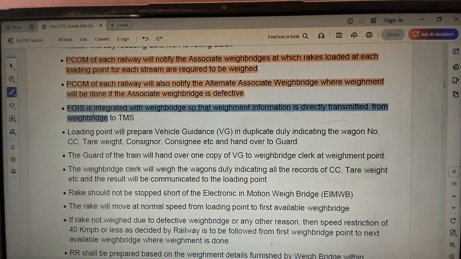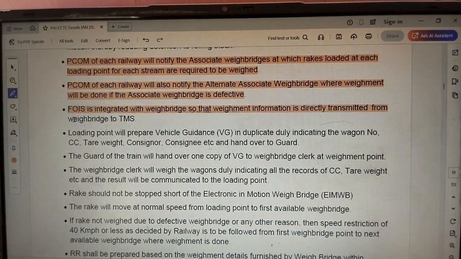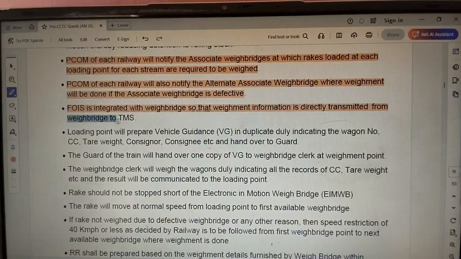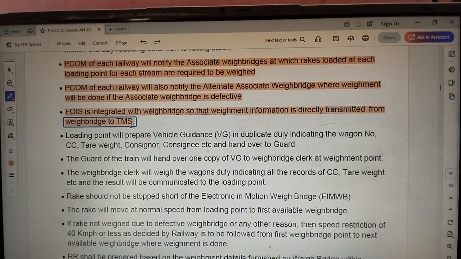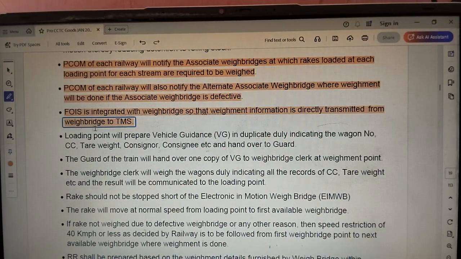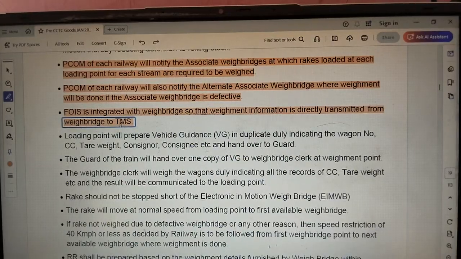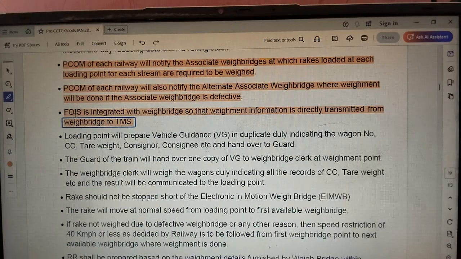FOIS is integrated with the weighbridges so that weighment information is directly transferred from weighbridges to TMS, the Terminal Management System. This is part of FOIS, the Freight Operation Information System.